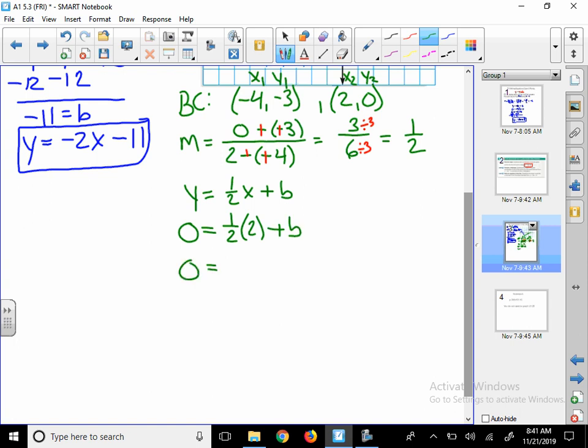Half of 2 is 1 plus b, and subtract 1 from both sides. I get -1 is equal to b. So I can clean up my equation, make it look real nice. y equals 1/2 x minus 1.